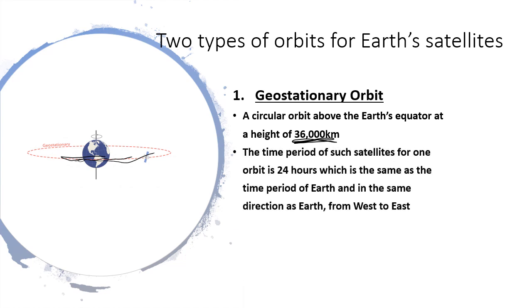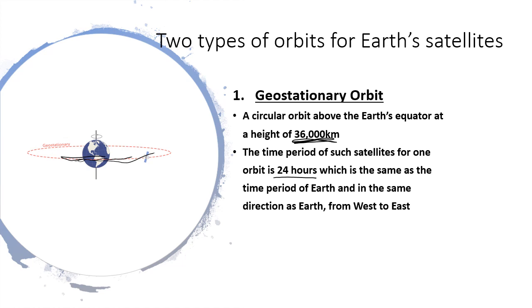Now, the time period, that means the time the satellite takes to go around the Earth. So the time period for one orbit for such satellites is 24 hours. Now, what is the significance of 24 hours? It is the same as the time period of the Earth.